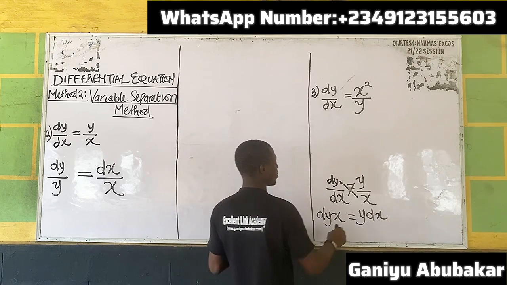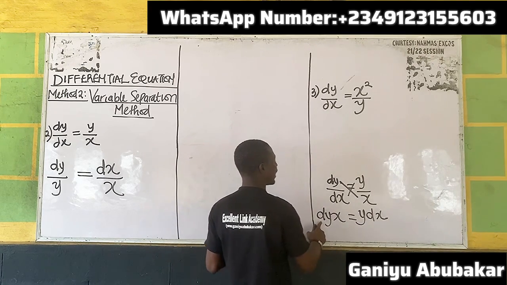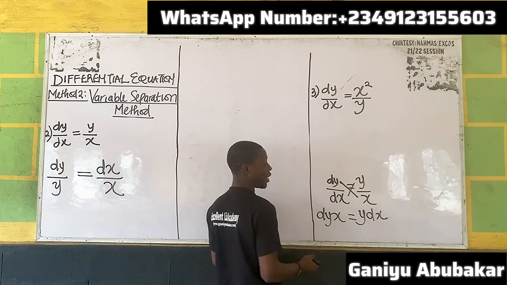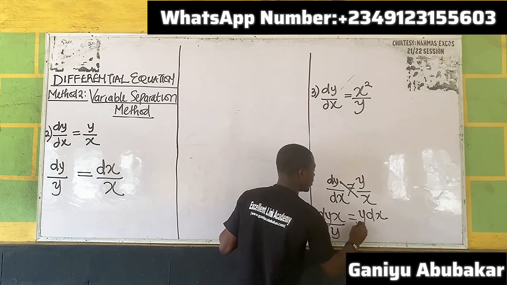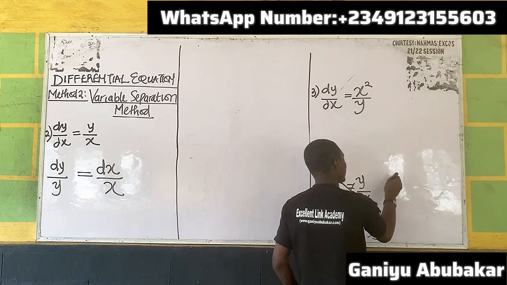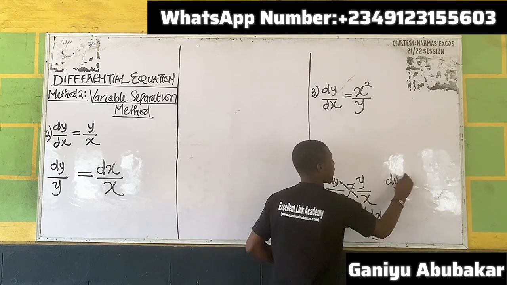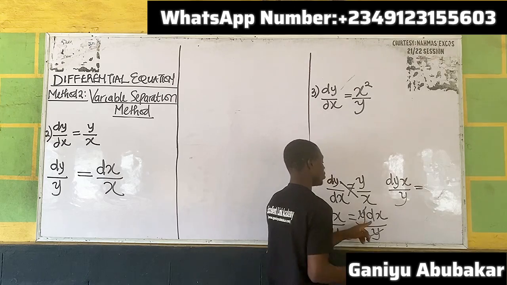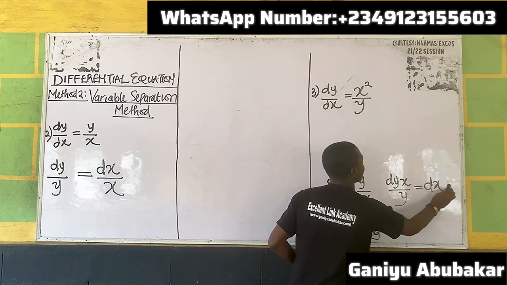I want to make sure that y is with dy, x with dx. So I'll first divide through by y, divided by y, divided by y. This y cancels y, so I have dy left, equal to dx.